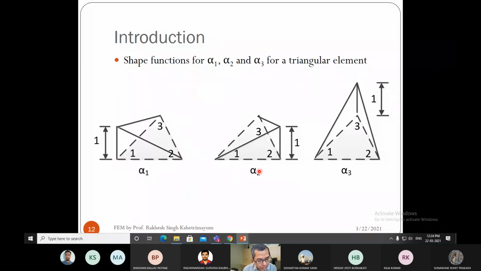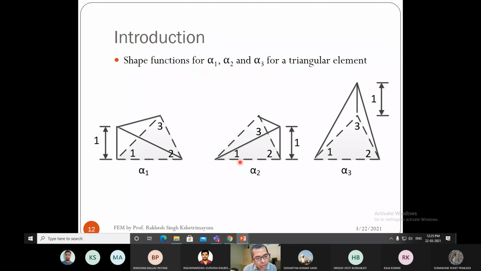Similarly, alpha 2 has a value of 1 at node 2, and a value of 0 at nodes 1 and 3. Alpha 3 has a value of 1 at node 3, and zeros at nodes 1 and 2. So that is the property of this shape function we have considered.